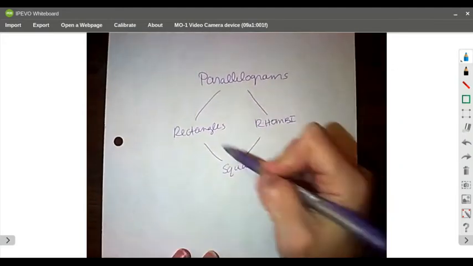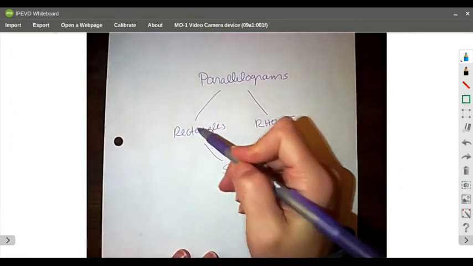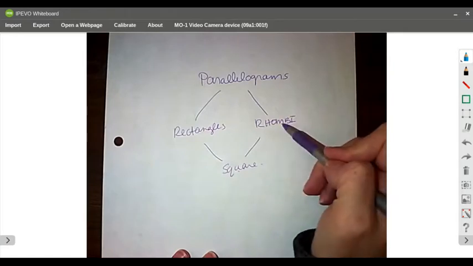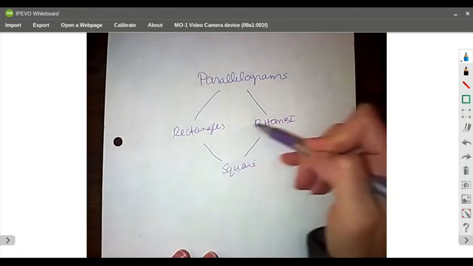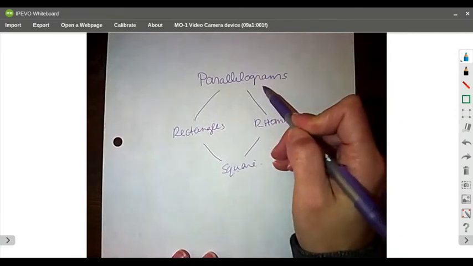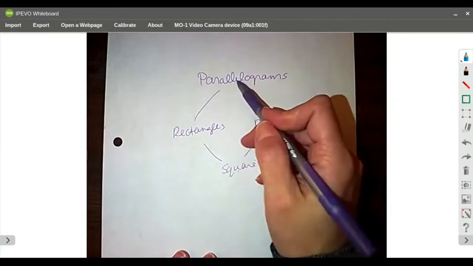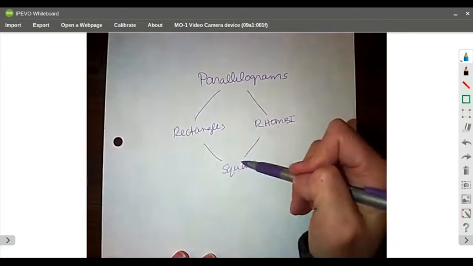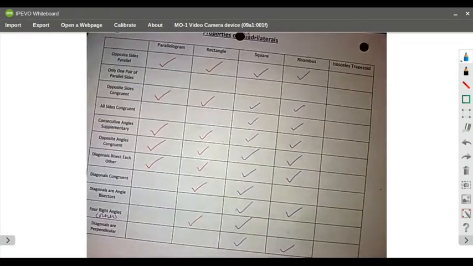So a square is a rectangle, is a rhombus, is a parallelogram. Not all rectangles are squares, not all rhombi are squares, but all squares are considered to be rectangles, rhombi, and parallelograms. Same thing about not all parallelograms are rectangles, not all parallelograms are rhombi, not all parallelograms are squares. So there's that. So squares are pretty easy.